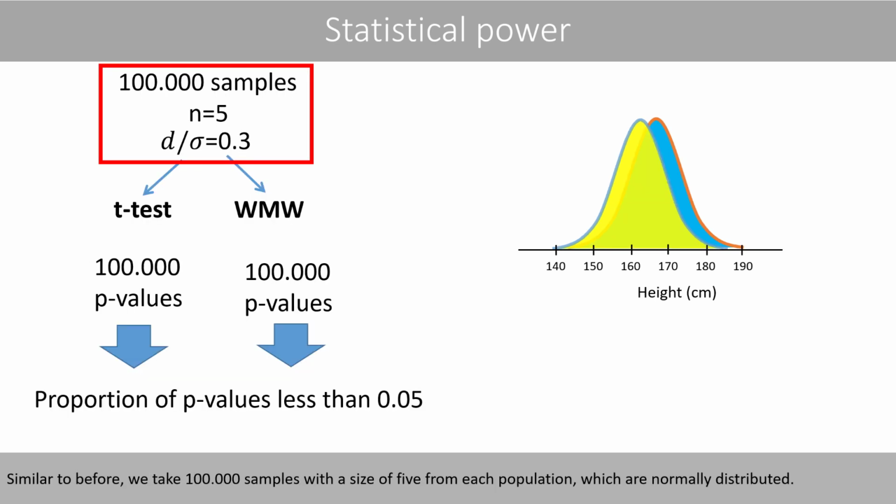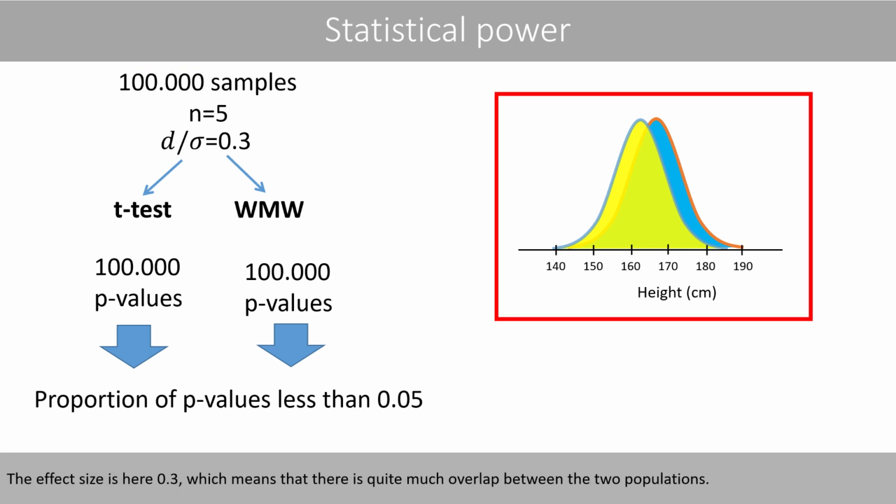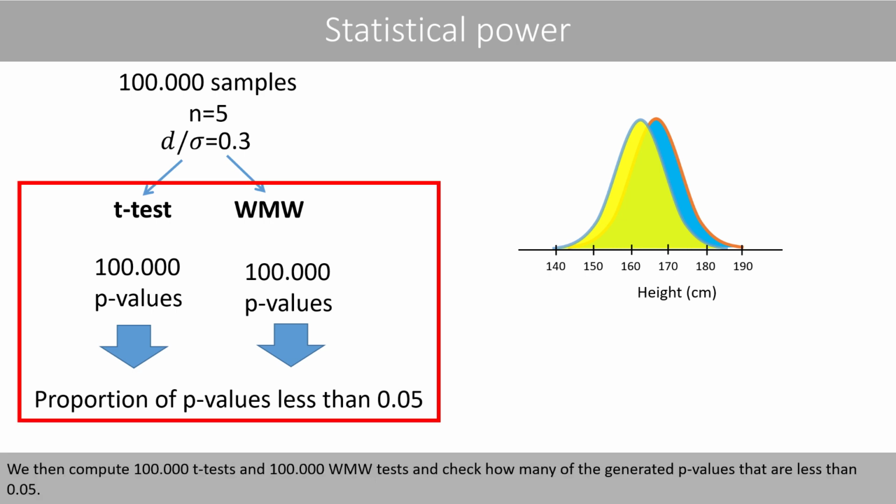Similar to before, we take 100,000 samples with a size of 5 from each population, which are normally distributed. The effect size is here 0.3, which means that there is quite much overlap between the 2 populations. We then compute 100,000 t-tests and 100,000 Wilcoxon Mann Whitney tests and check how many of the generated p-values that are less than 0.05.